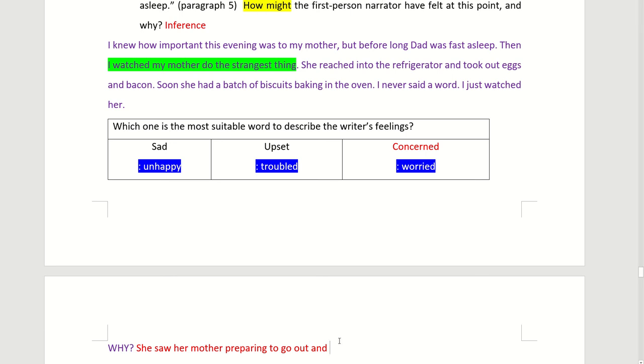And what happened? Her mother preparing to go out, and yet her mother started to cook.